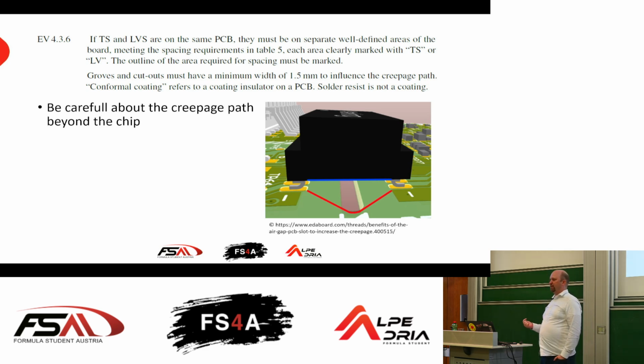You have the creepage path over the chip also, and you can't cut the chip. So normally this won't work. So just do coating if you can't reach the distance. And with the coating, you get to the 4 millimeters, and it's quite easy to get the 4 millimeter chips.